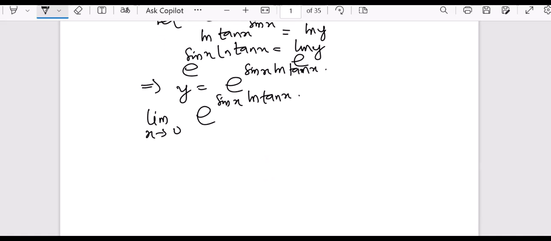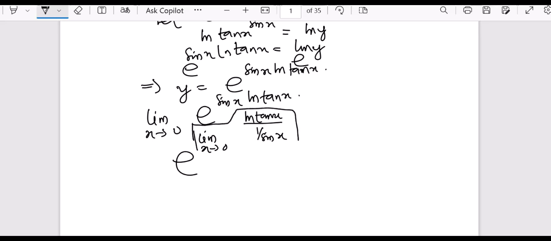But you know that we can write this as e power the limit as x goes to 0 of ln tan x all over 1 over sine x, like this.